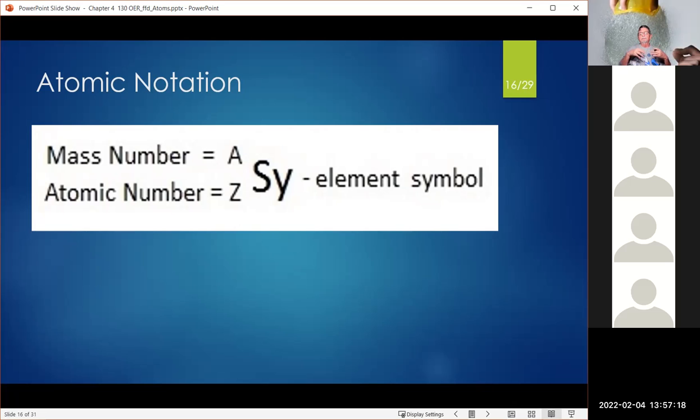An element will be an element, but there are what are called isotopes that are still that particular element, but they have different properties because they have a different number of neutrons. We're all familiar or have heard about carbon-14 dating, okay? Well, carbon has 12 neutrons, and that is the most common isotope of carbon.